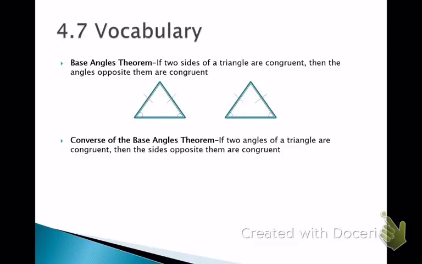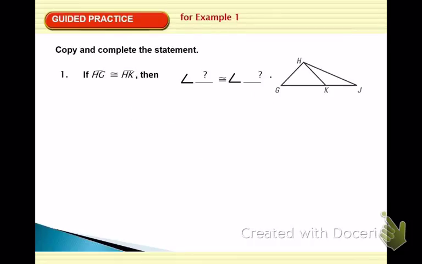Okay? And so that's automatically going to be true, either by using the base angles theorem where we know the sides are congruent, therefore the angles are, or if we're going to use the converse where we know the angles are congruent, therefore the opposite sides are. There's a difference there, and the difference is what information we know and when. Okay? So how do we use that?